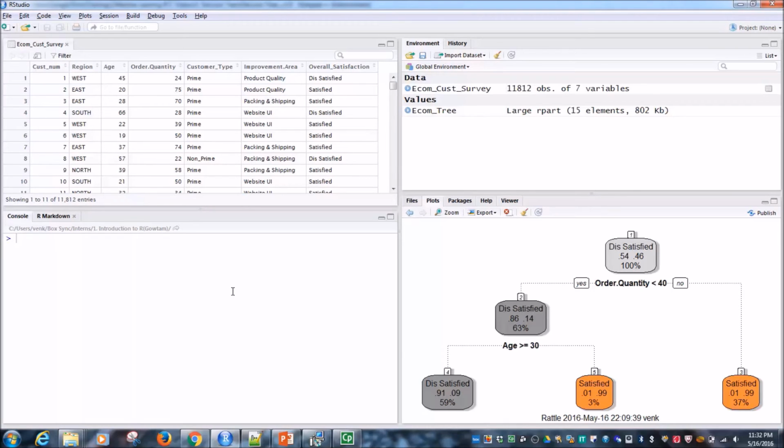So e-commerce tree is the model that we built. The actual values of the output are satisfied and dissatisfied. Out of overall 11,812 observations, how many observations we have accurately classified, be it satisfied or dissatisfied, how many observations we actually misclassified.